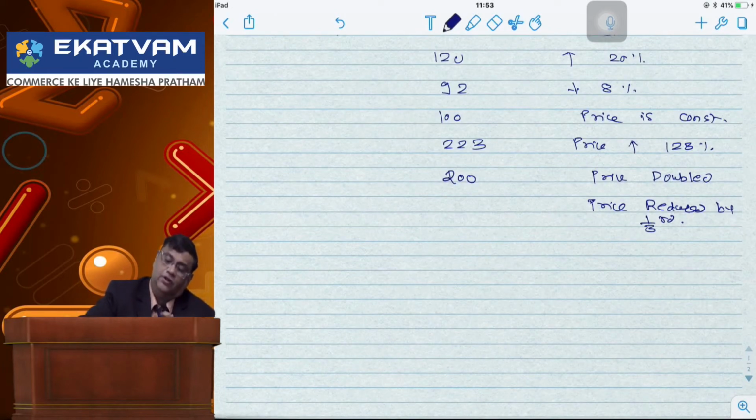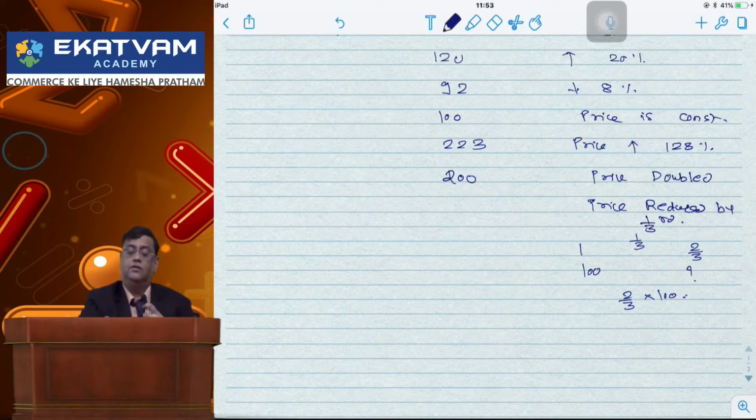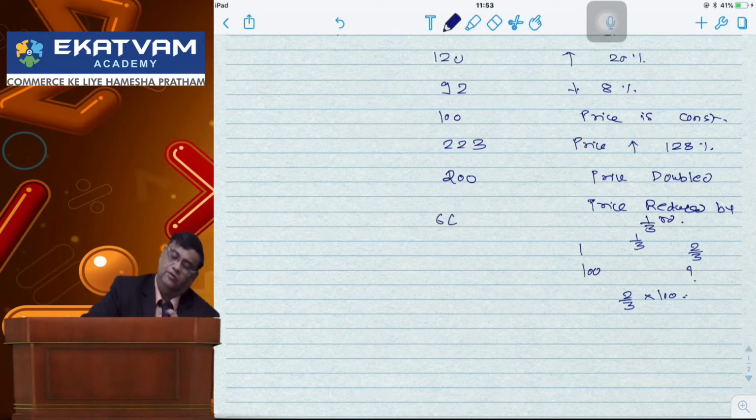Now look, what does it mean? 1 rupee has gone down by 1/3, so remaining price is 2/3. So if this is made 100, then what is this? And therefore it will be 2/3 multiplied by 100. Now tell me what is that? It's 66 point something, no? And therefore in that case the index number will become 66.67.